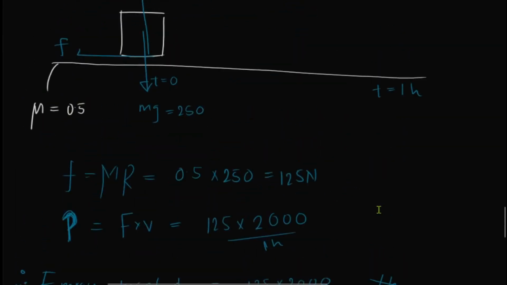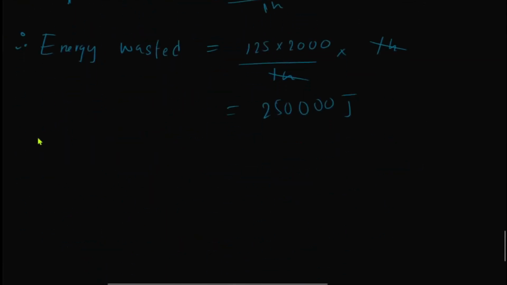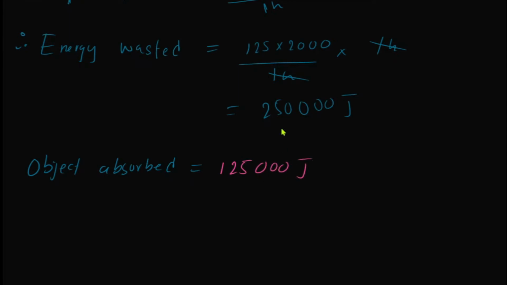by the object. So how much did the object absorb? Half of it, which is 250,000 divided by 2, so 125,000 joules.